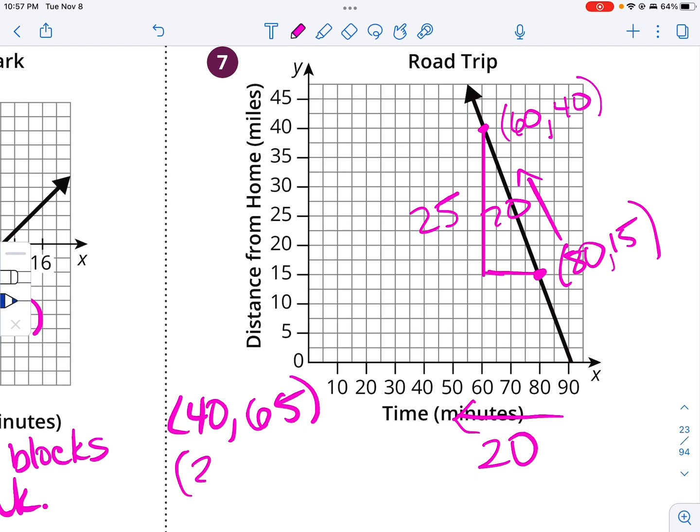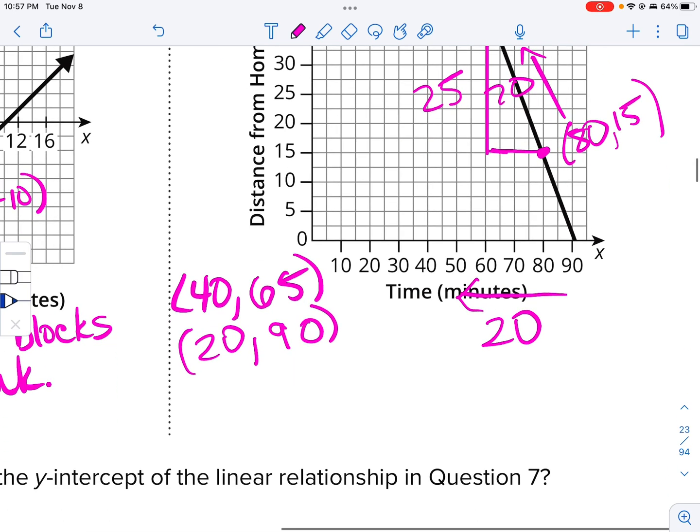And at 20, it goes up by 25 more, so that's 90. And then 0, so I add 25 to that, so 115.